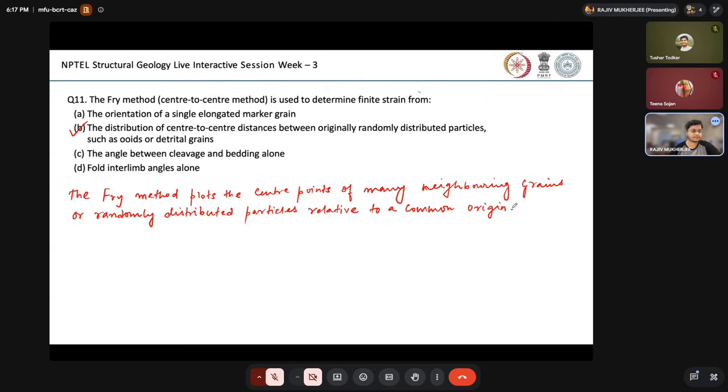So now the thing is that in an undeformed rock, grains are randomly oriented, randomly spaced, which means leaving a roughly circular empty space at the center.